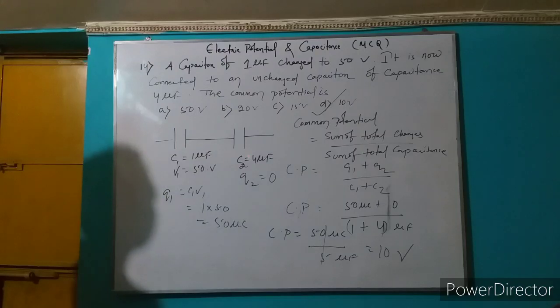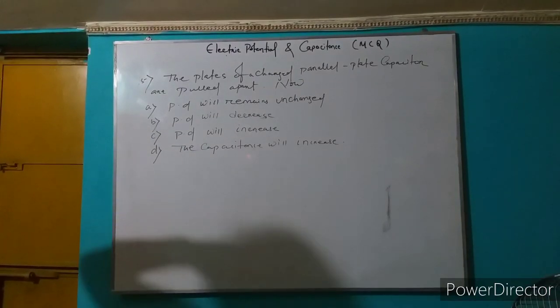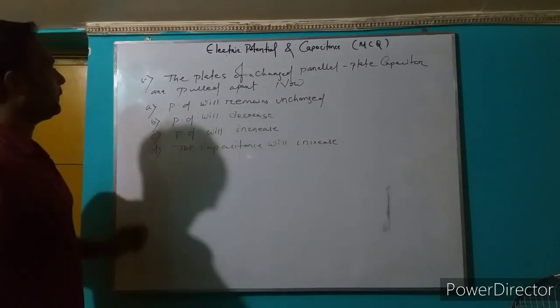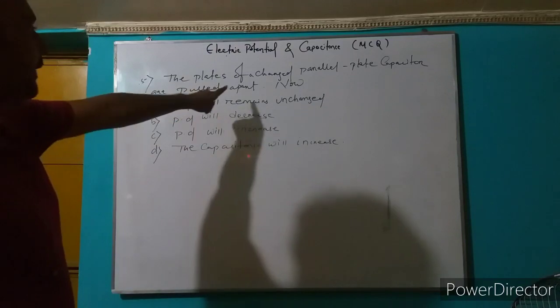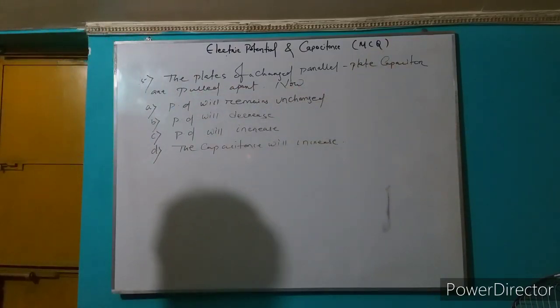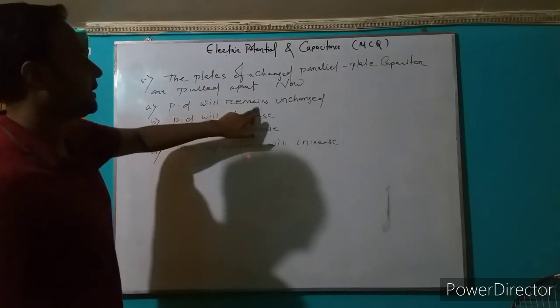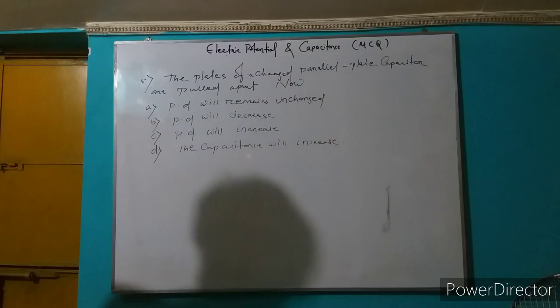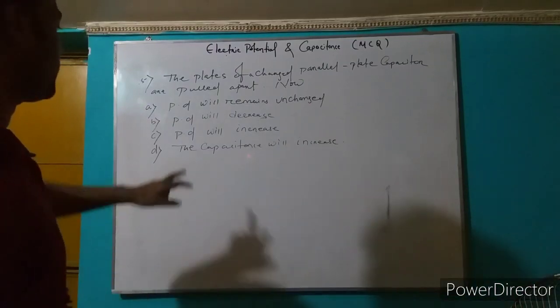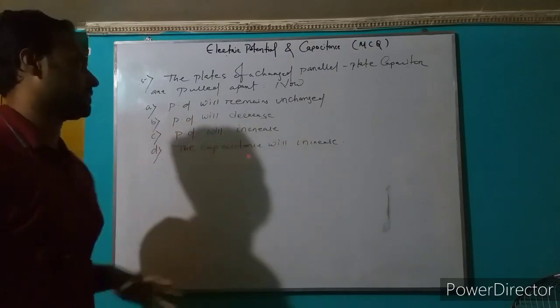Okay. Now my next question is question number 15. The plates of a charged parallel plate capacitor are pulled apart. Now, the potential difference will remain unchanged, will decrease, will increase, or the capacitance will increase.